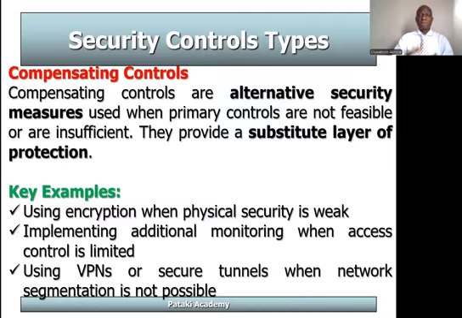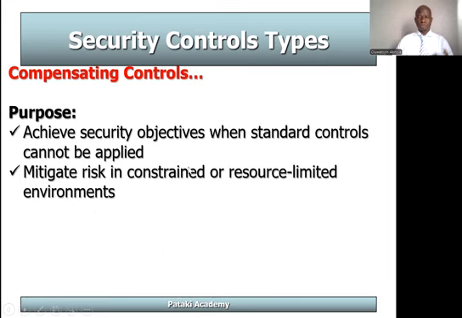Implementing additional monitoring when access control is limited. Using VPNs or secure tunnels when network segmentation is not possible. All these are compensating controls. Purpose is to achieve security objectives when standard controls cannot be applied, to mitigate risk in constrained or resource-limited environments.